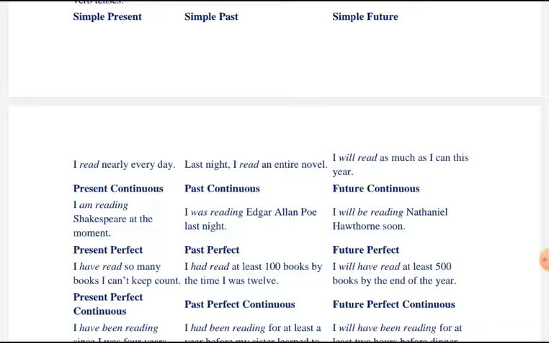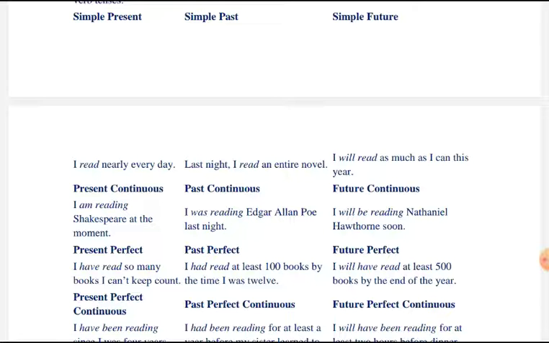The present tense is divided into four types: simple present, present continuous, present perfect, and present perfect continuous. The last comes the future tense. It includes simple future, then future continuous, future perfect, and future perfect continuous.